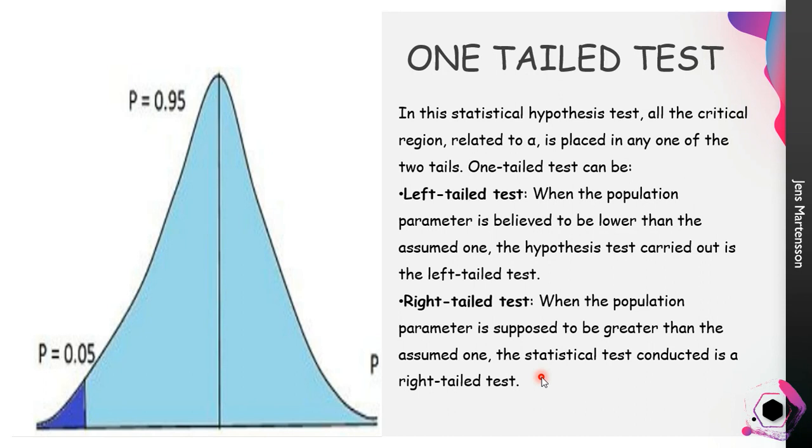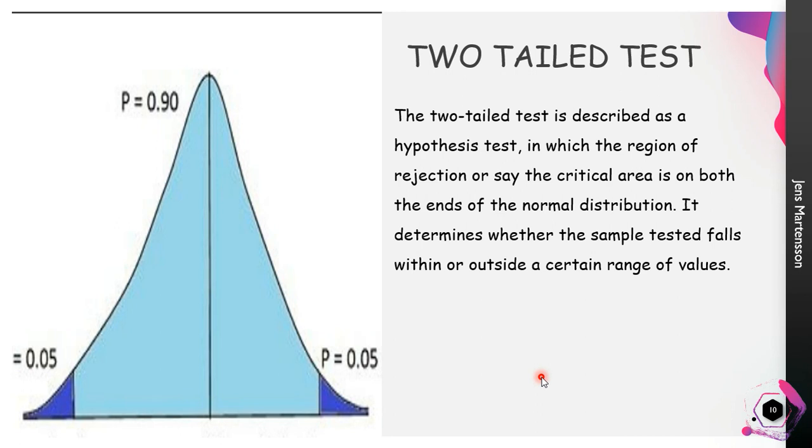Okay, so that is one-tailed. For the two-tailed, syempre both sides na ngayon, both tails na ng normal curve natin makikita yung rejection, specifically the critical area. In this example, mga anak, as you can see, both sides have the level of significance of 5%. I-add natin yan: 5 plus 5, we have 10.